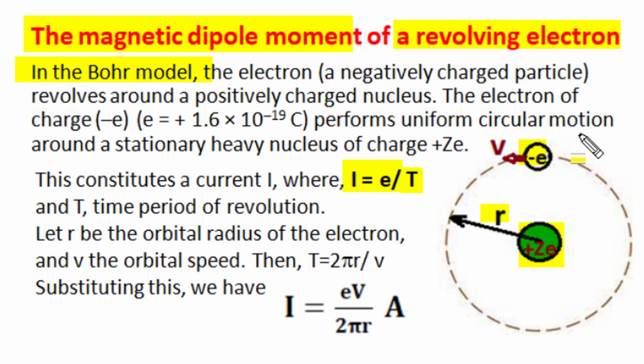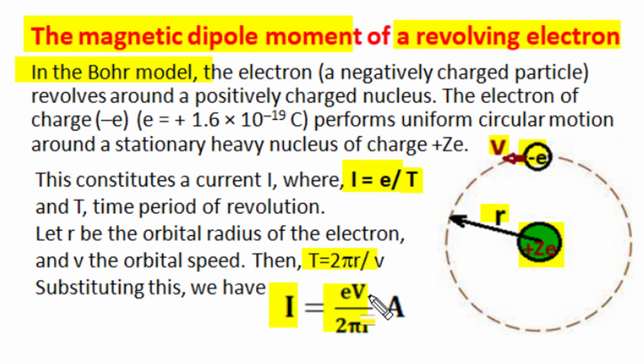For a circular orbit of radius r, the periphery is 2πr, and if the linear velocity of the electron in this circular motion is v, then the time period is peripheral length divided by velocity. If we substitute the expression of T in terms of radius and velocity, we can express the current of the orbital electron as ev upon 2πr.